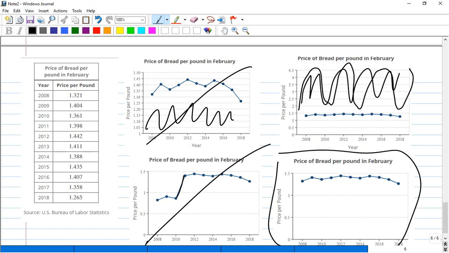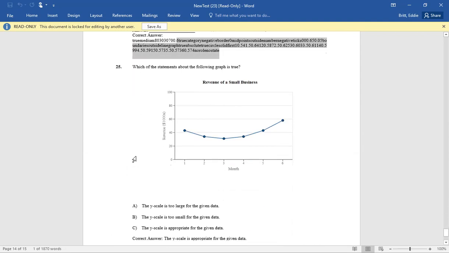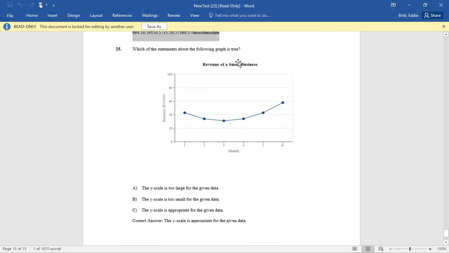And then the last problem, problem number 25. Which of the statements about the following graph is true? A, the y-scale is too large for the data. B, the y-scale is too small. Well, it doesn't seem like that's going to be a problem. C, the y-scale is appropriate.